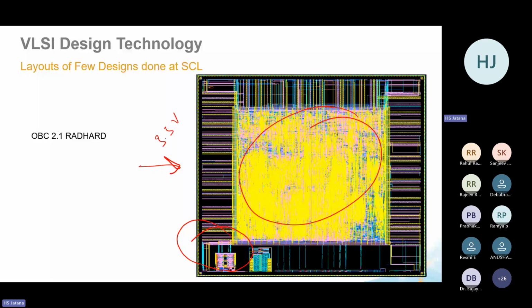It works on 1.8 volt, and 1.8 volt is being generated inside. There is a huge number of gates in these standard cells. That is why you are seeing this kind of coloring. The dimension is close to 10 mm, 1 centimeter by 1 centimeter device.